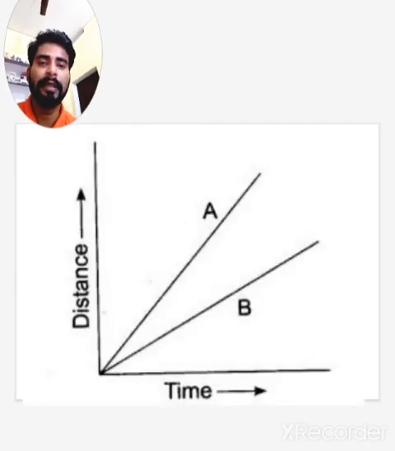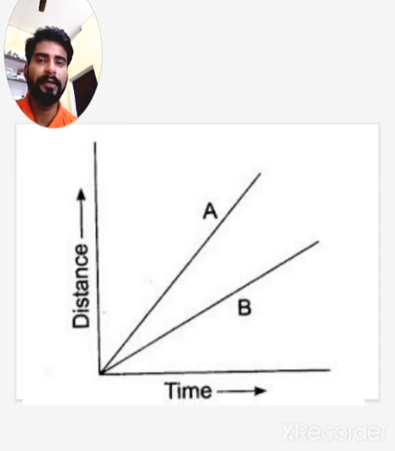Also in this picture we can find and understand the slope, because body A makes the greater angle with the time axis, so body A is faster. The slope of body A is greater, so body A is faster.